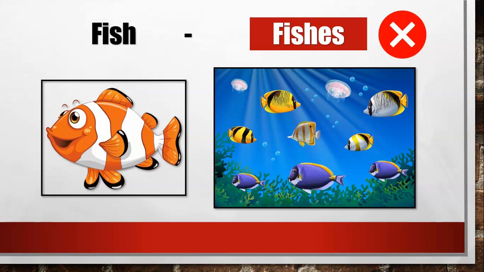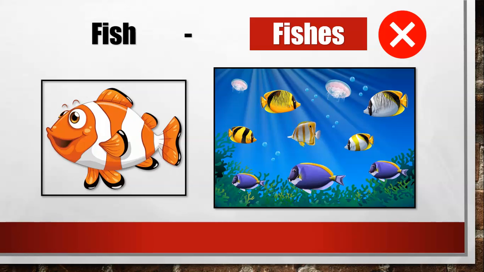The next one, again, fish. So one of the rules to change a noun from singular to plural is whenever a word ends with sh, we say that you need to add es to that word in order to make it a plural. For example, brush. We say brushes.